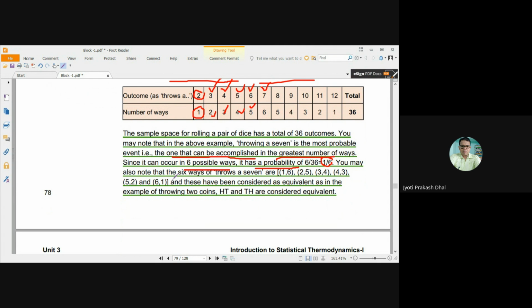What are the 6 different ways? First will be 1 and second will be 6. First 2, second 5. First 3, second 4. First 4, second 3. First 5, second 2. First 6, second 1. So these are the 6 ways of throwing a 7.